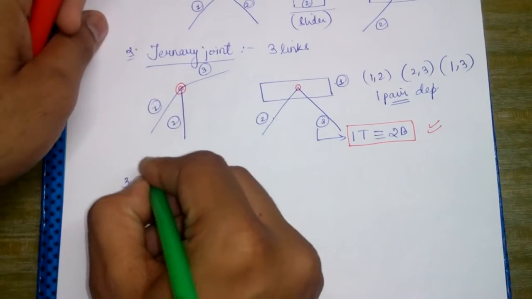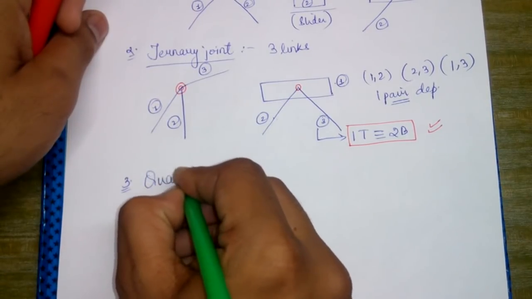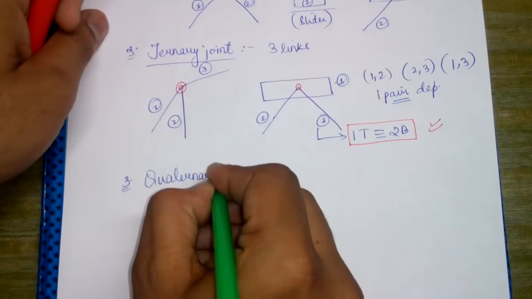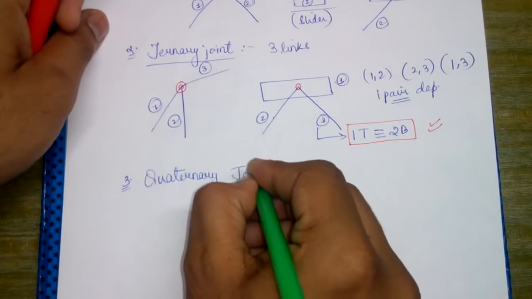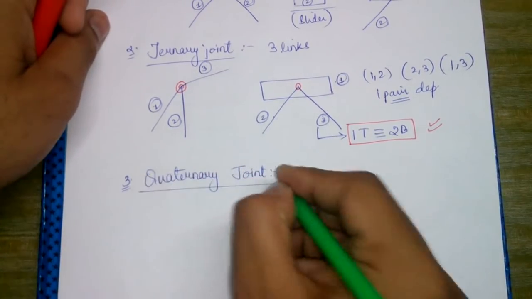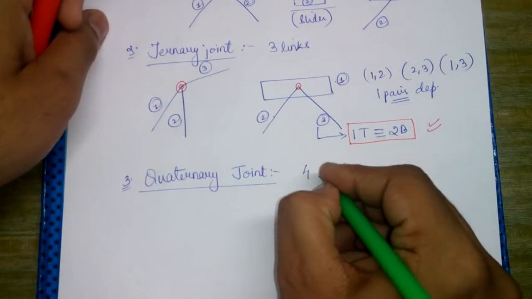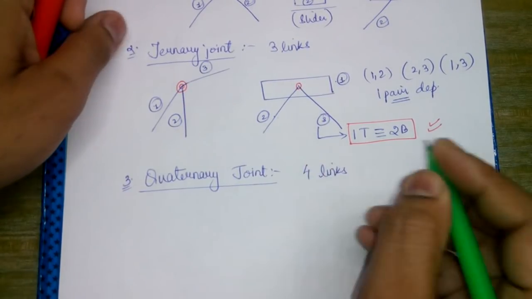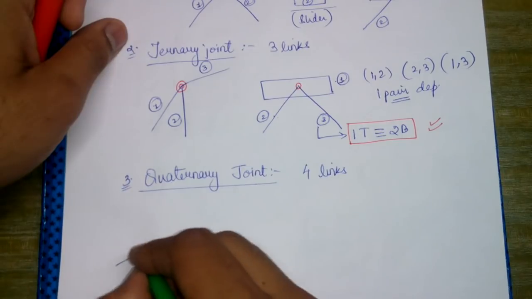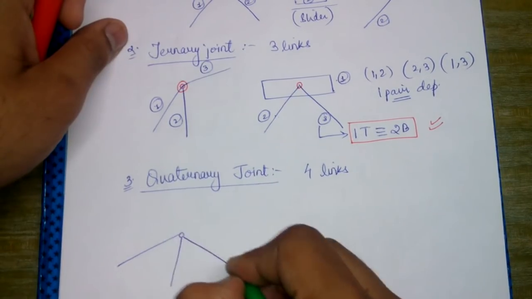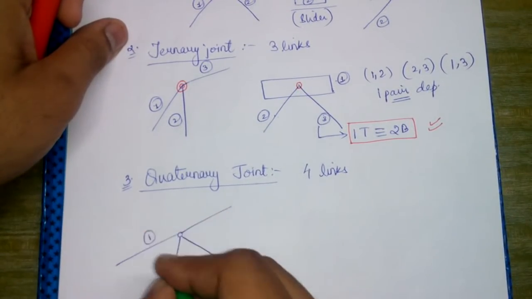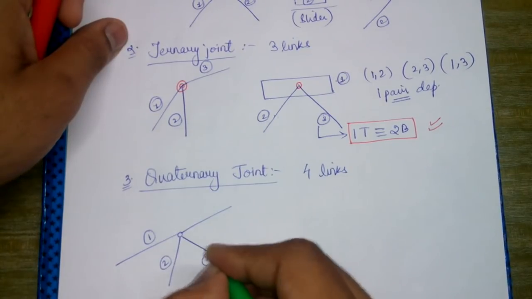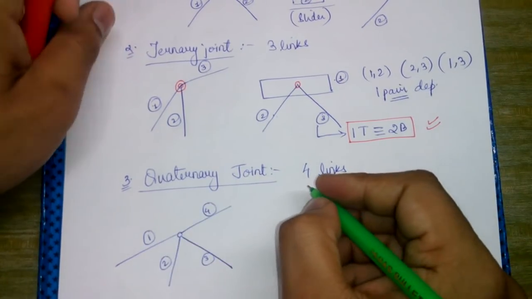The third type of joint is the quaternary joint. In a quaternary joint, four links are connected at a point. For example, links number 1, 2, 3, 4.